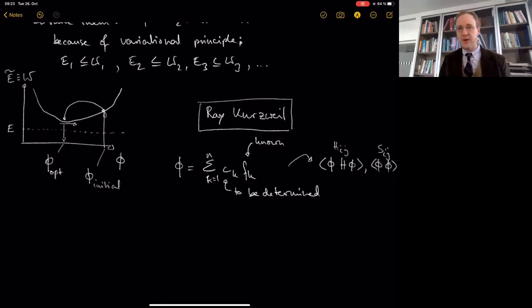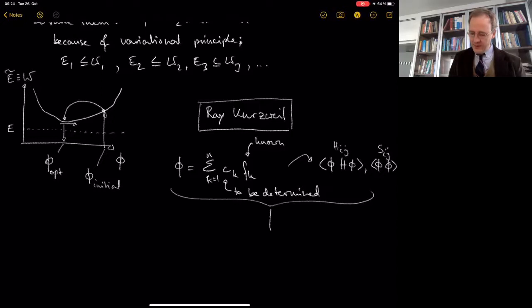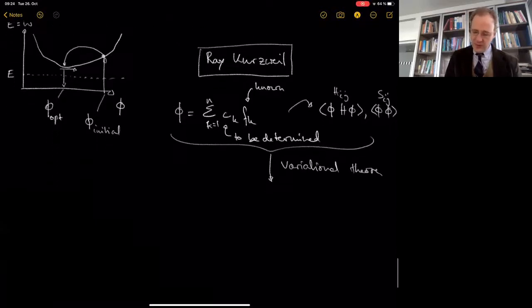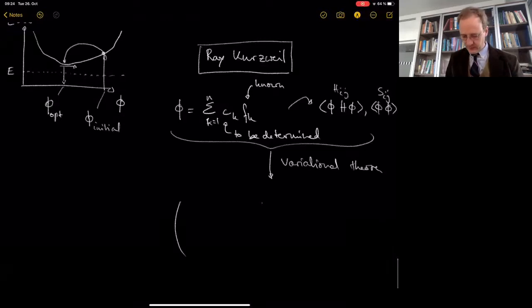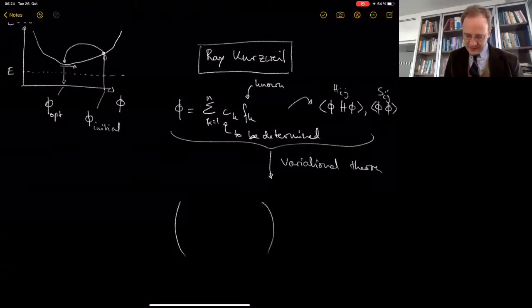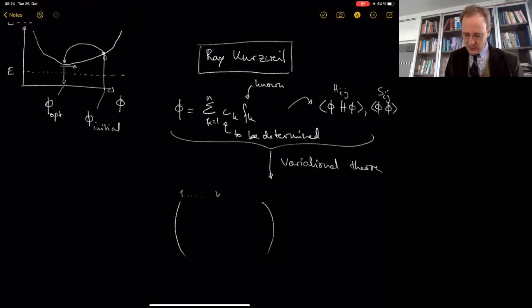Is Ij, right? And by virtue of the variational theorem, we arrived at a matrix which runs from 1 to k to n, 1 to i to n, which we call this A_ik matrix, right?